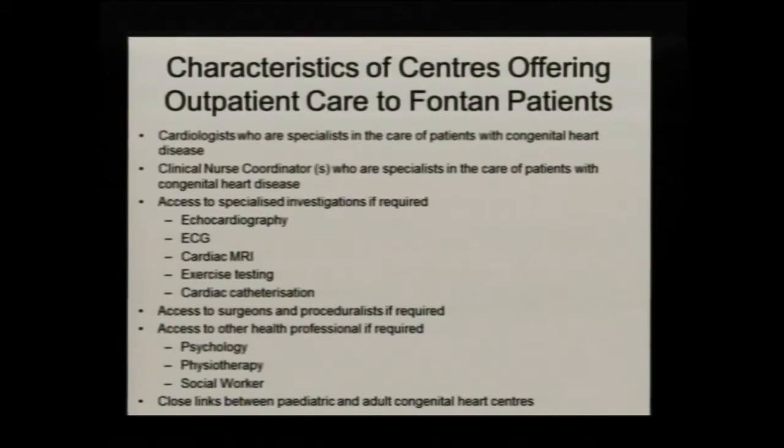There's access to surgeons and proceduralists if they're required, and also access to other health professionals, psychologists, physiotherapists, social workers. And a key feature of the outpatient facility should be a close link between the paediatric and adult congenital centres.